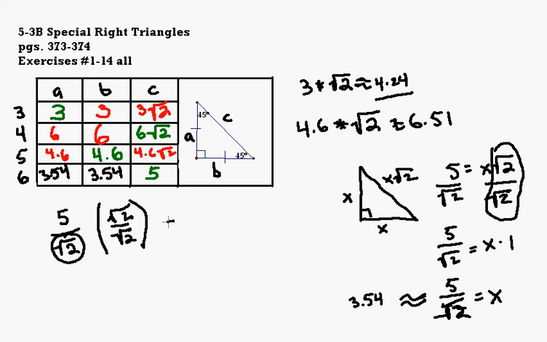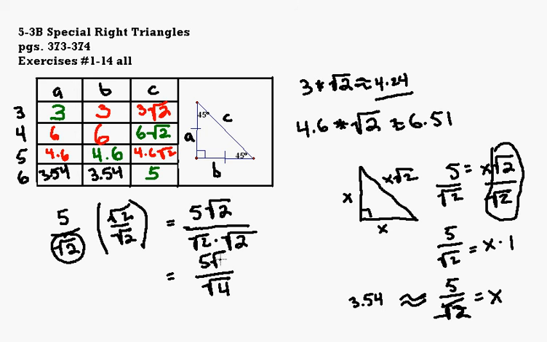I'm going to put a fraction line here, and I'm going to go through how the process works. So this is the square root of 2 times the square root of 2. On the top I have 5 times the square root of 2. Well, the square root of 2 times the square root of 2 turns into the square root of 4.